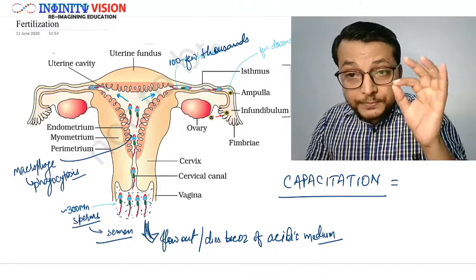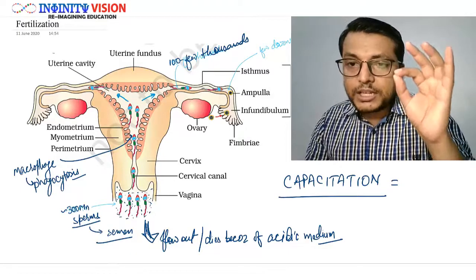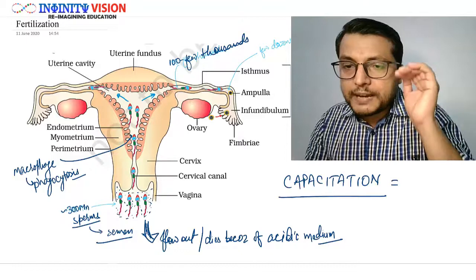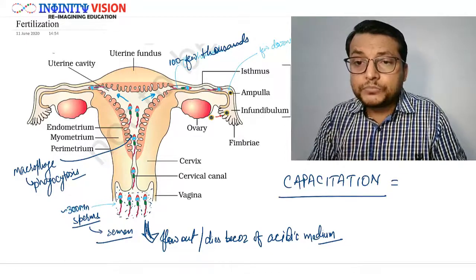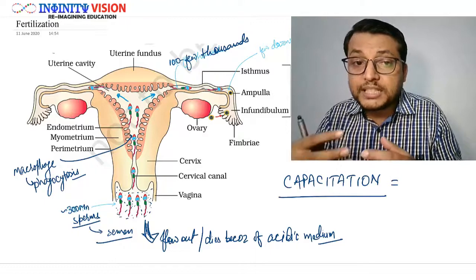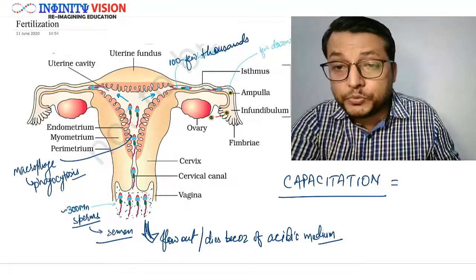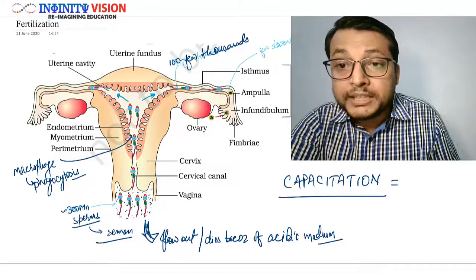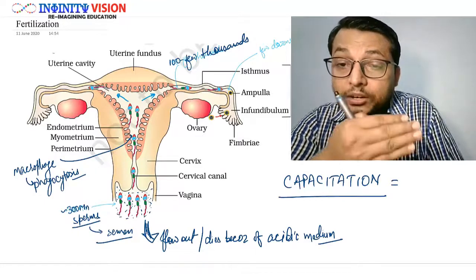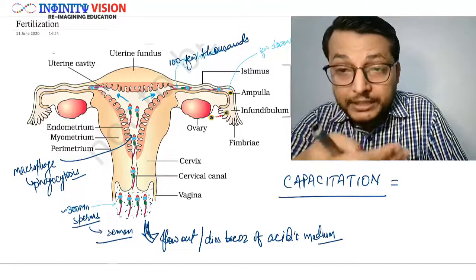When these sperm are in the uterine wall and finally reach the fallopian tube, there are a lot of chemical signals present in this fallopian tube and the uterine part near the fallopian tube that alter the acrosomal membrane permeability.